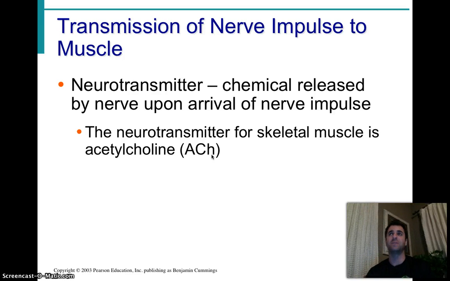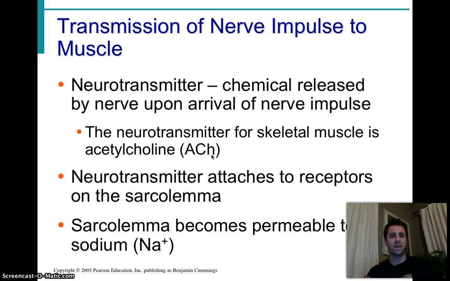It's stimulatory, so the neuron, using ACh or acetylcholine, is going to bind to the outside of the muscle, to the sarcolemma, and trigger an impulse to continue through the sarcolemma through the use of sodium.